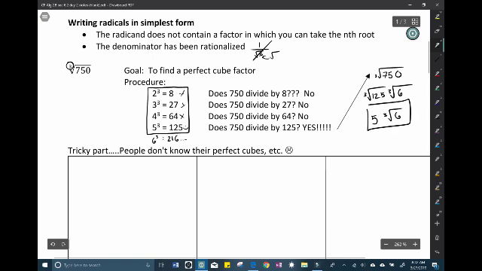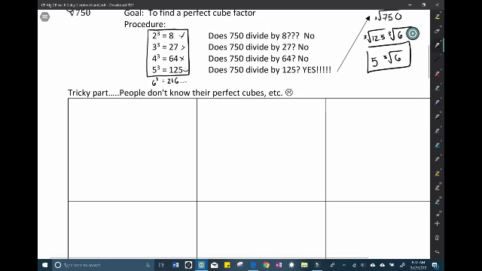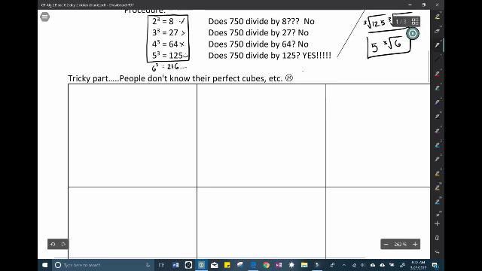Instead of looking for perfect squares, you're looking for perfect cubes in these examples. Tricky is for those that don't know their perfect cubes, which is okay, but please get to know them.